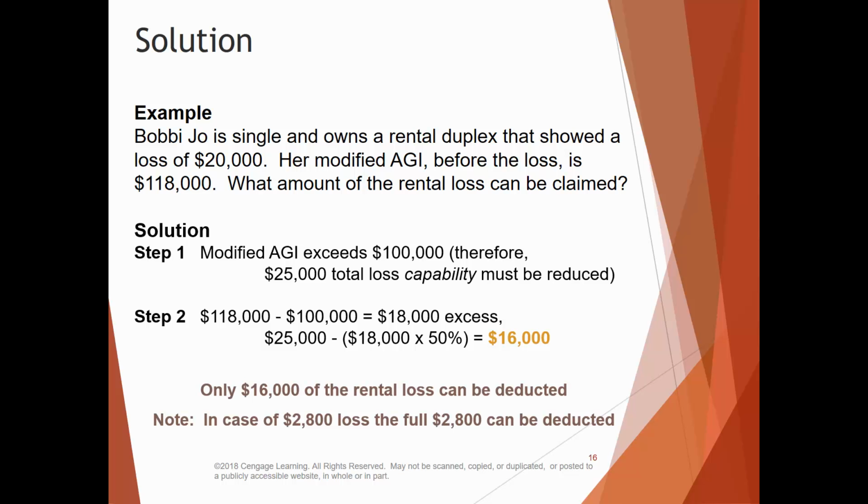So even if they're married filing jointly, the 100,000 number is for sure the same number. The only case that's different is if they're married filing separately. Would that oftentimes be beneficial if they have a lot of rental income? Yeah, that's a good question.